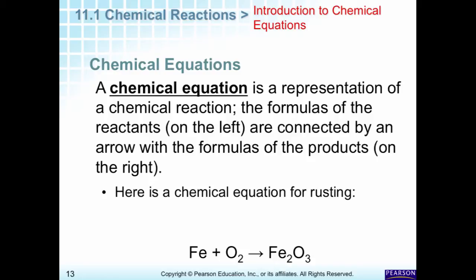By using these subscripts, we know that O2 doesn't exist as one oxygen, it has two because it's a diatomic molecule. Iron can be alone. And when we make our iron 3 oxide, we see that we have these subscripts for the formula. So we have more information about how the reactants and products are starting out and making.